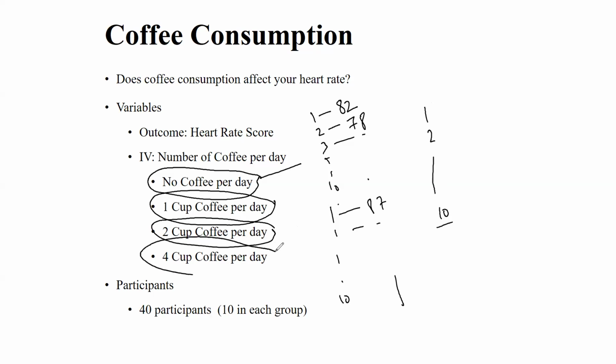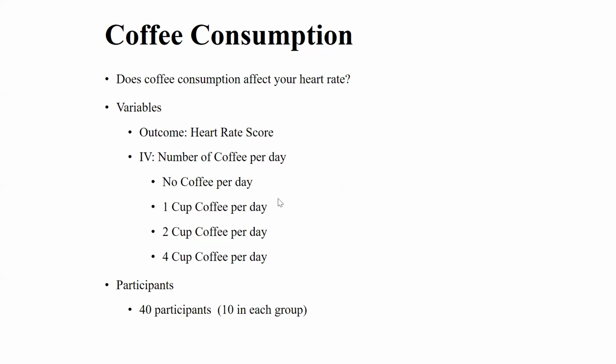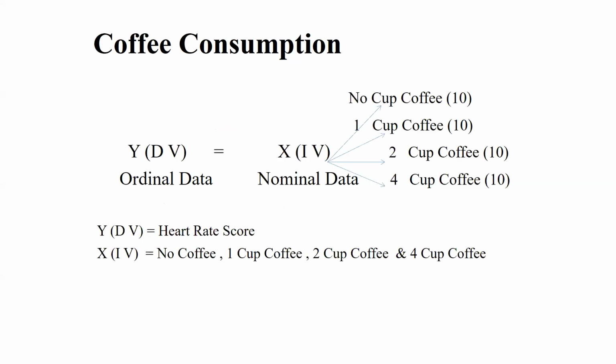And for another group, we are giving 4 cups of coffee per day. So here we want to know whether the dose of coffee, 1 cup, 2 cups, and 4 cups, significantly increases the heart rate score or not. So there are 4 groups, and in one group we are not giving any coffee throughout the month.